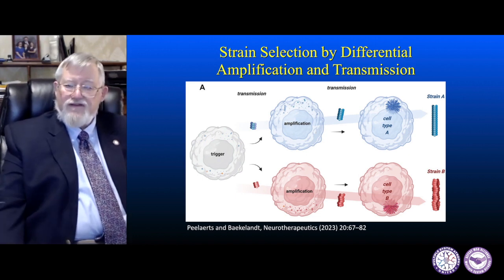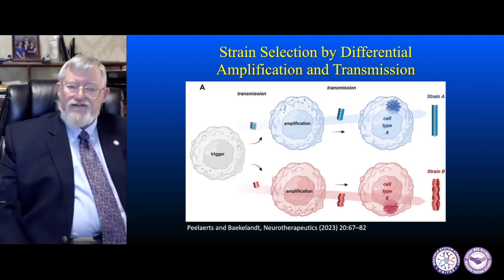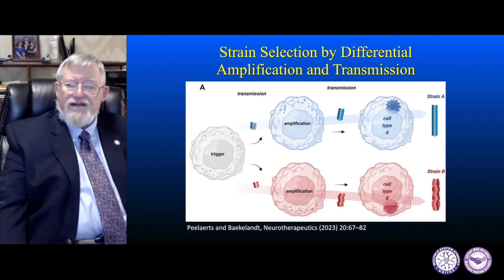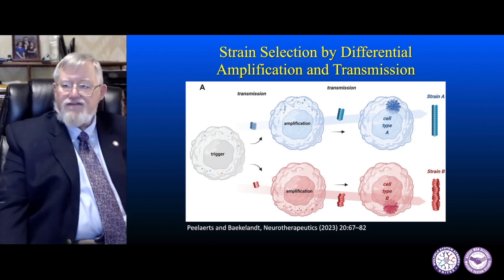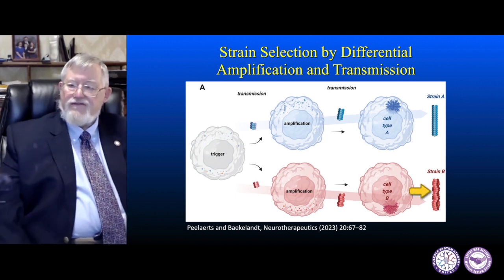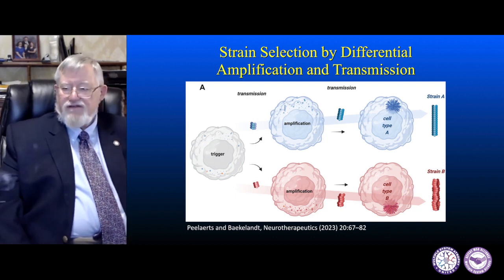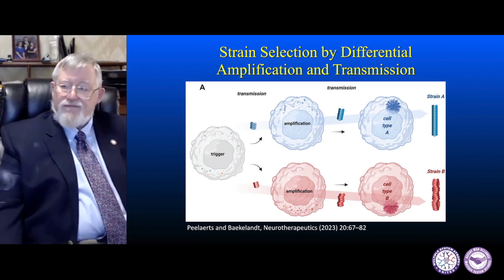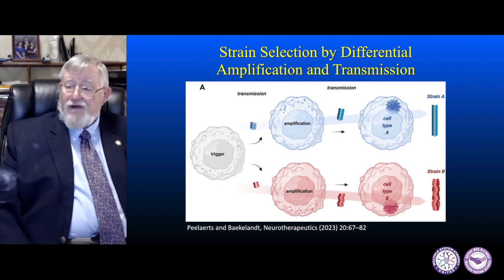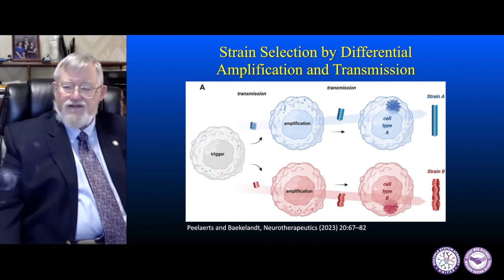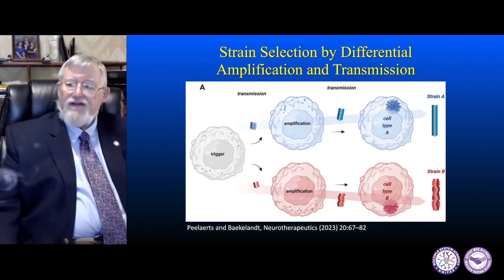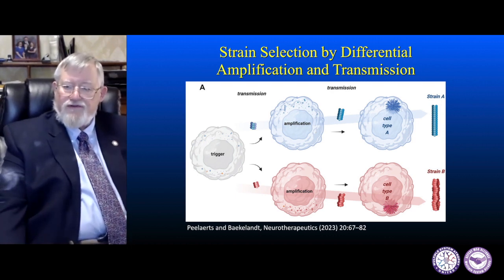And so, as you can see here, these authors have hypothesized that if the trigger cell sends things this way, you end up with this kind of strain. And if the trigger cell sends things this way, you end up with that kind of strain, with the different steps of cell-to-cell transmission focusing down onto exactly what the predominant strain is going to be, which will in turn determine whether there's disease and perhaps what kind of disease, whether it's, say, Parkinson's versus dementia with Lewy bodies versus multiple system atrophy.